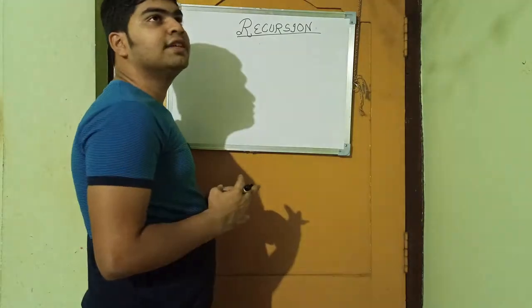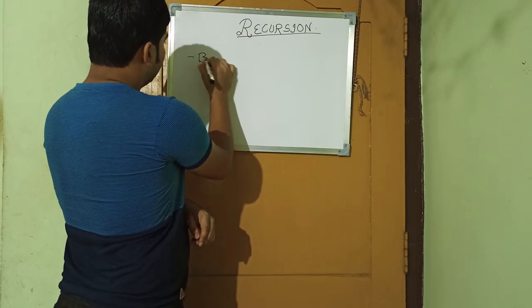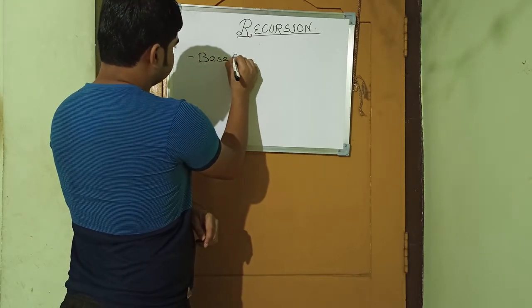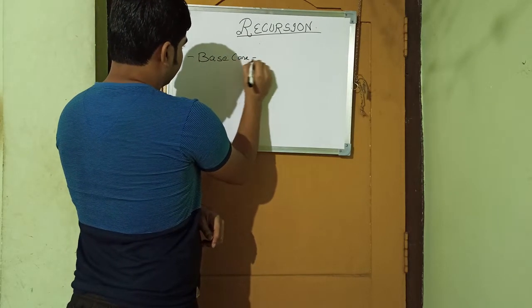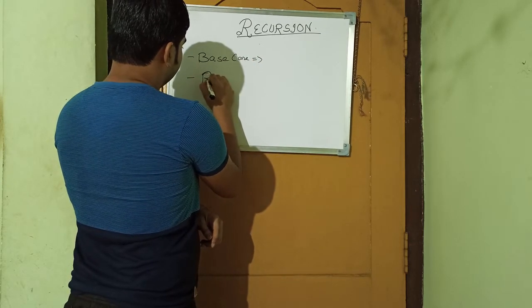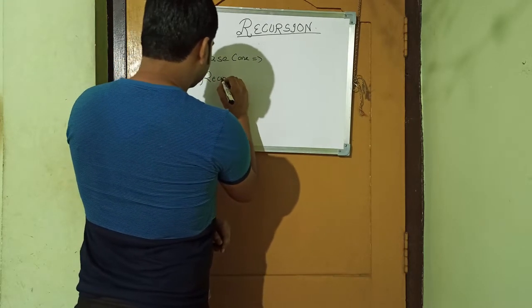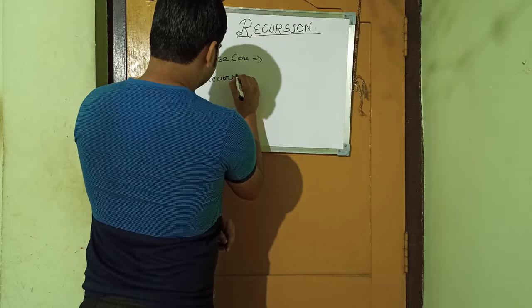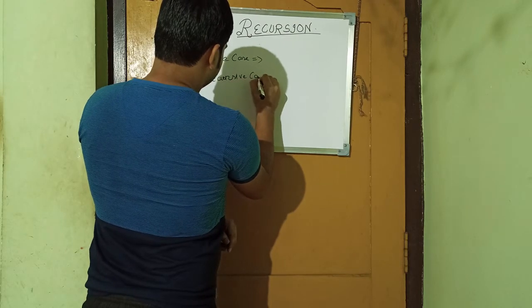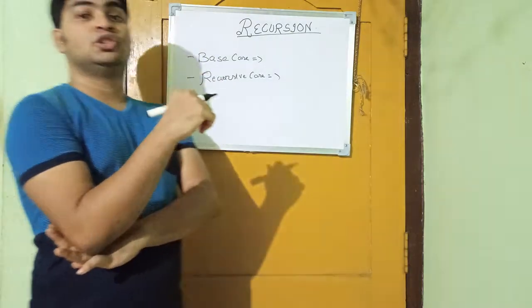Recursion. Now a recursive function has two parts. First part is a base case, and second part is a recursive case.